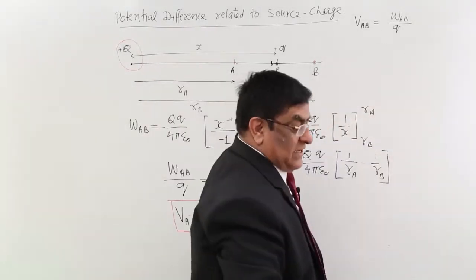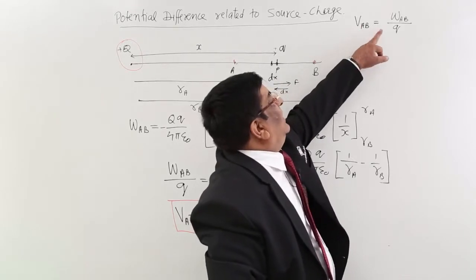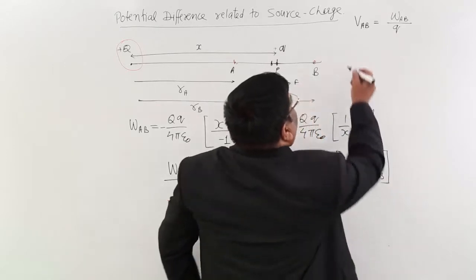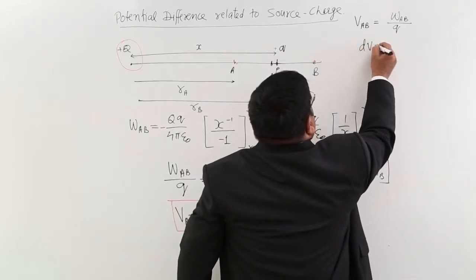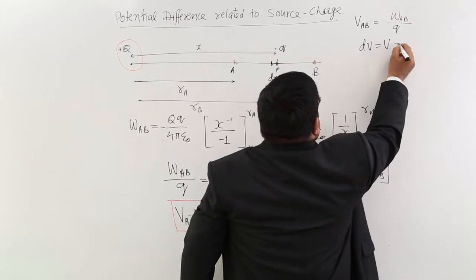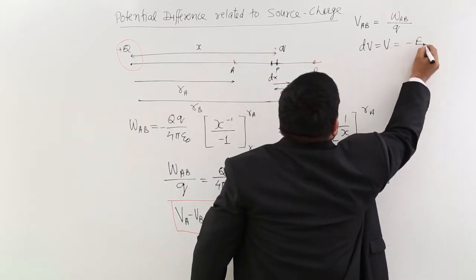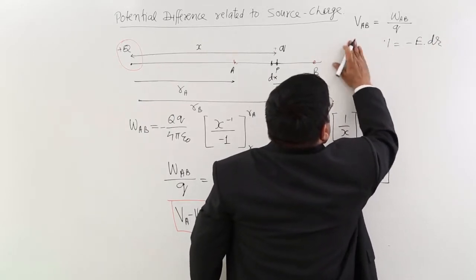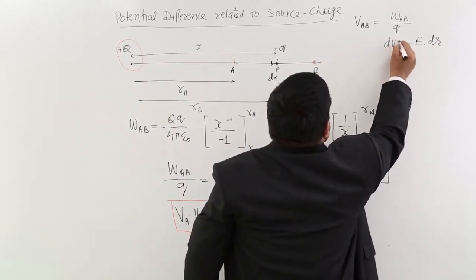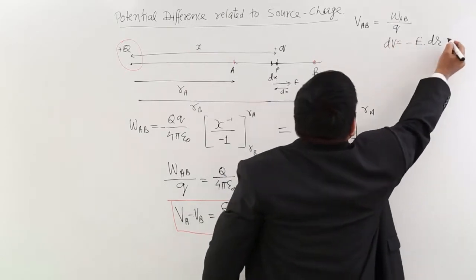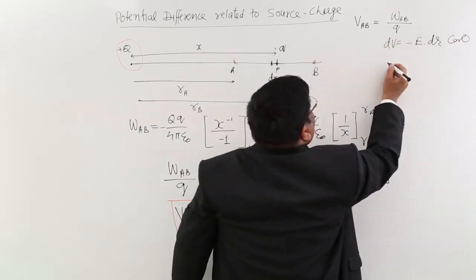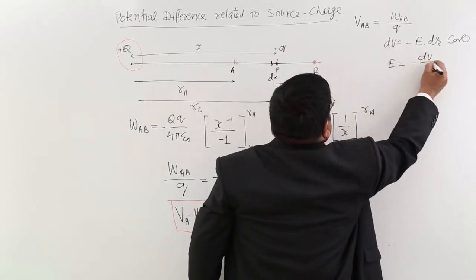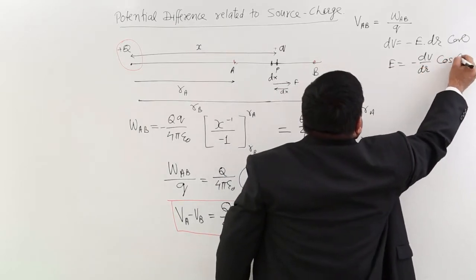The very first thing we did was that the potential difference between A and B is the work done from B to A per unit charge. Then we had a formula, the potential difference, we will call it V, dV is equal to minus E dr cos theta, or E is equal to minus dV by dr cos theta.